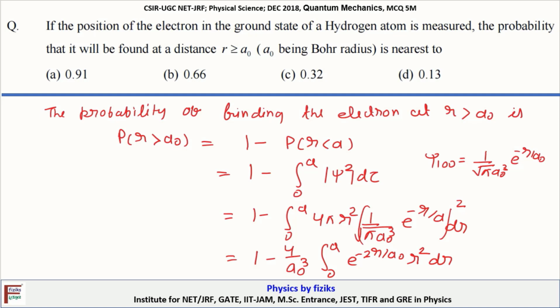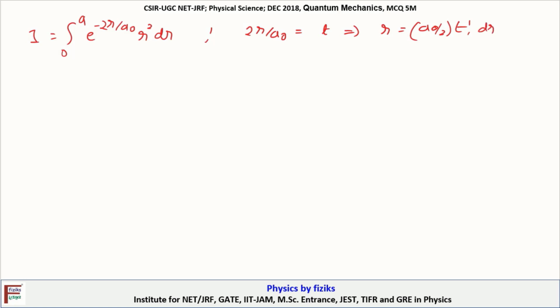Let us evaluate the value of this integration, the integral from 0 to a of e to the power minus 2r by a0 times r squared dr, equal to I. Let 2r by a0 equal t, which implies r equals a0 by 2 into t. That means dr equals a0 by 2 into dt.